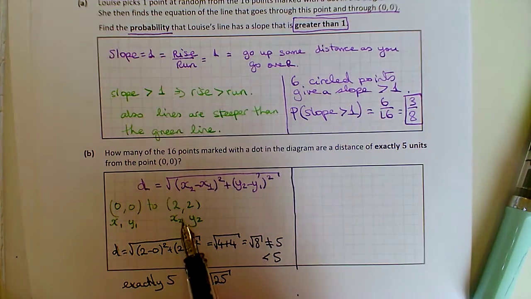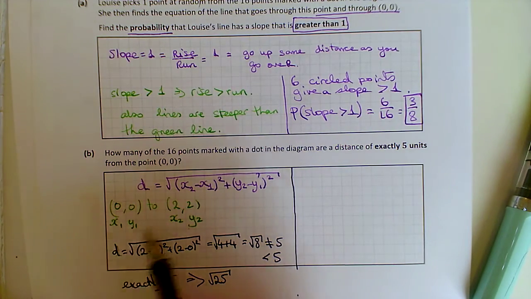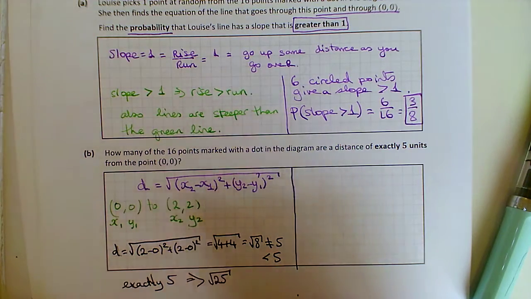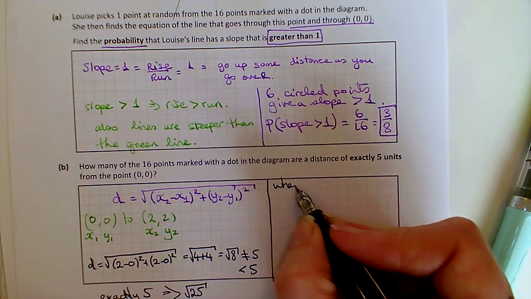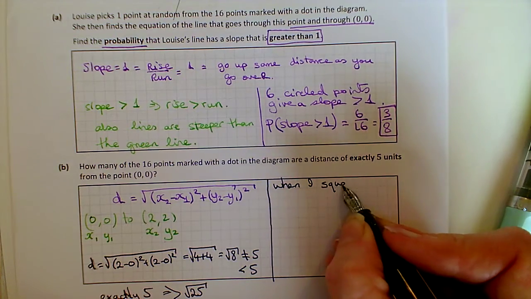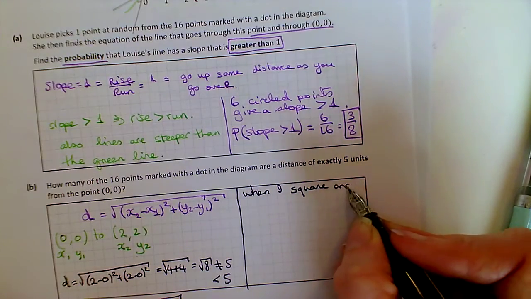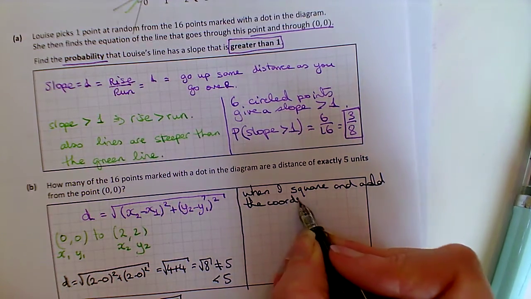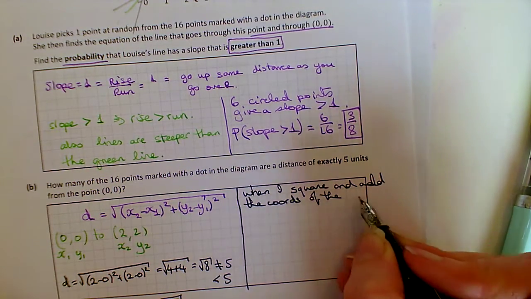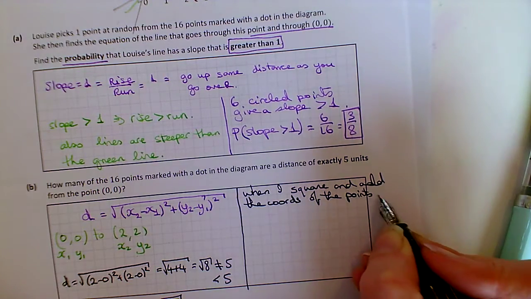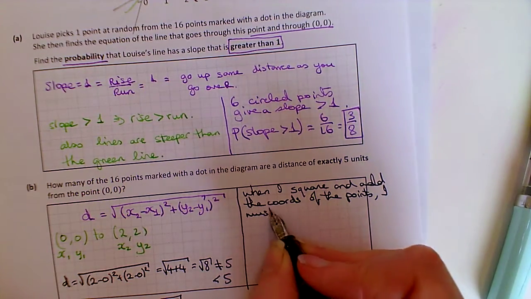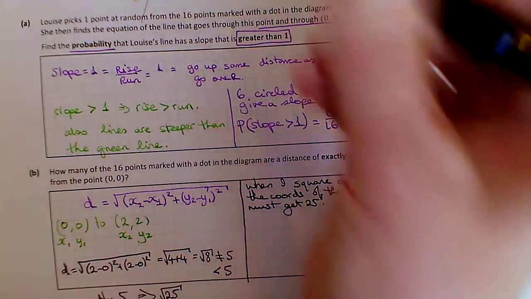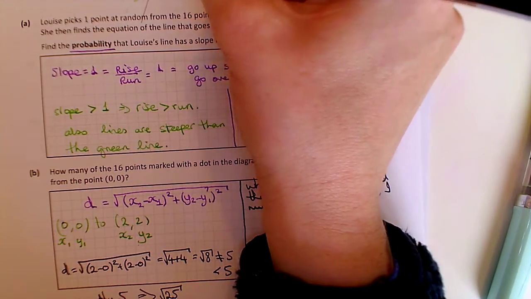The other thing I might notice is that I'm always going back to 0, 0. So whatever the coordinates are, when I square and add the coordinates of the points, I must get 25. So anyway, we know that it's going to be more than this.